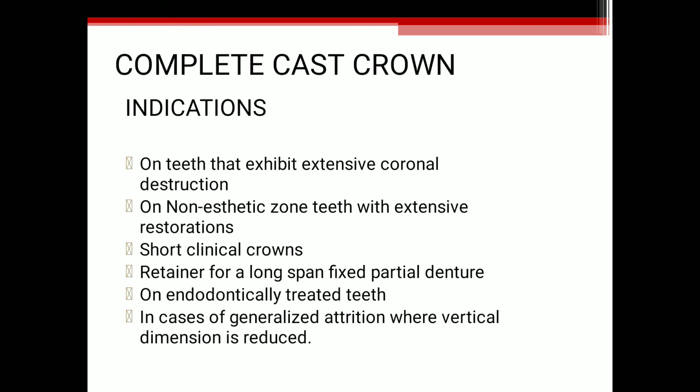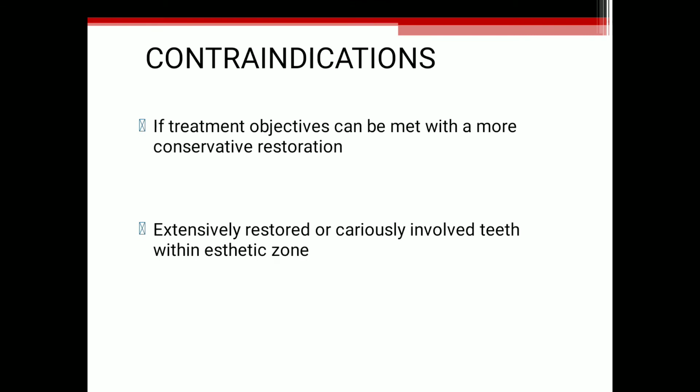These are the indications of the complete cast crown. And what will be the contraindications? If treatment objectives can be met with a more conservative restoration, and extensively restored or cariously involved teeth within the aesthetic zones, these will be contraindications for cast metal crowns.